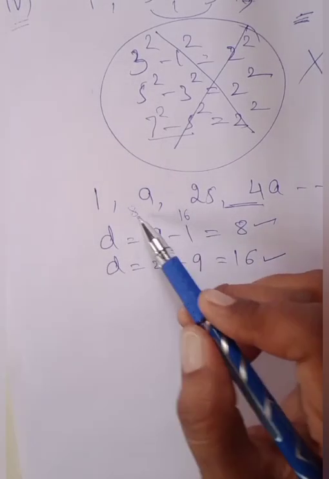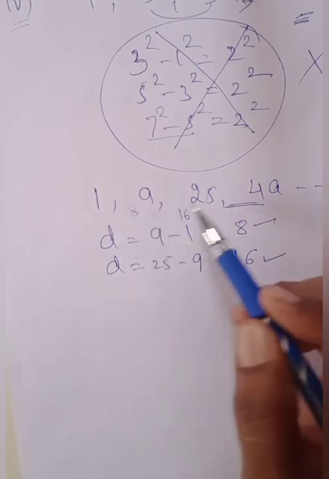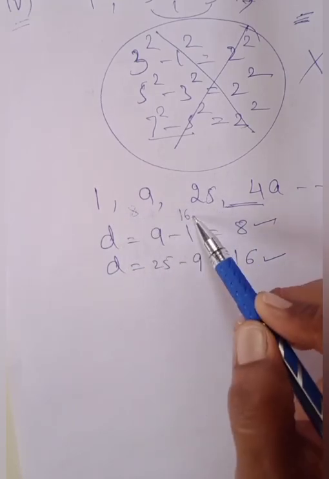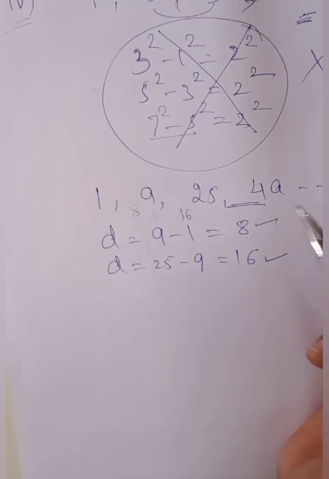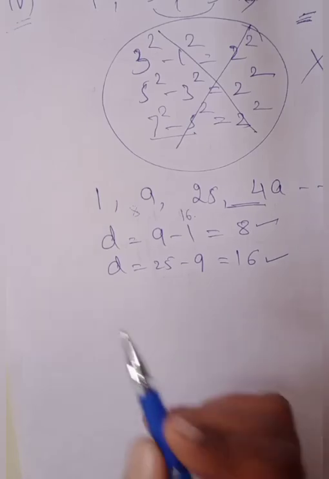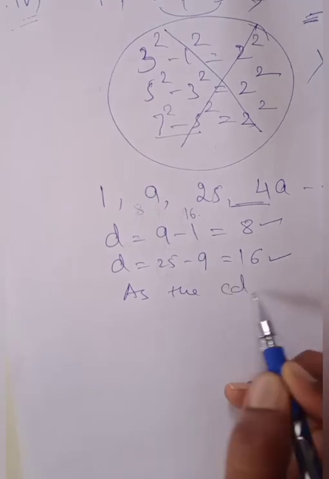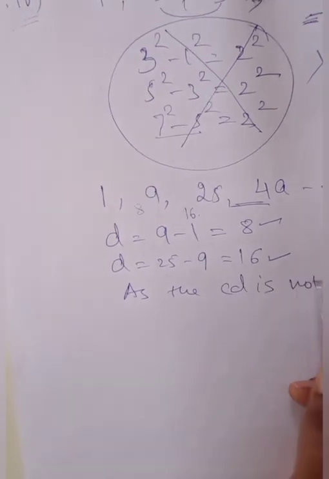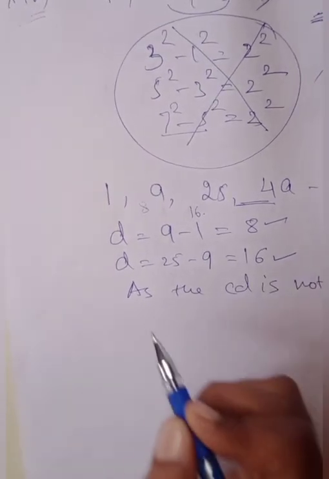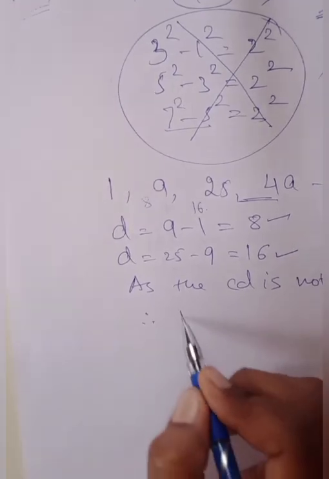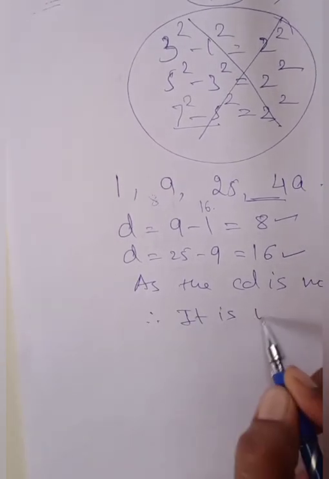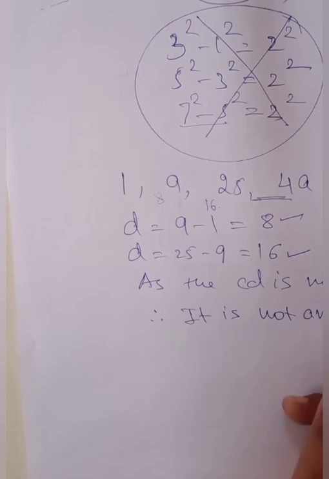The difference between the second and the first is 8 and the third and the second is 16. You are going to stop here only, as the common difference is not equal. Therefore you are going to say it is not an AP.